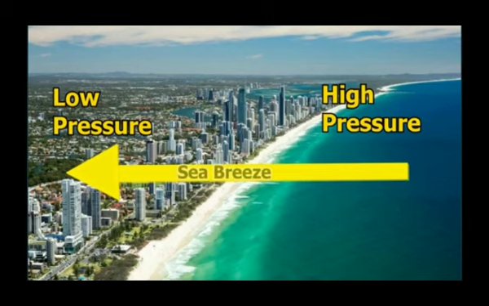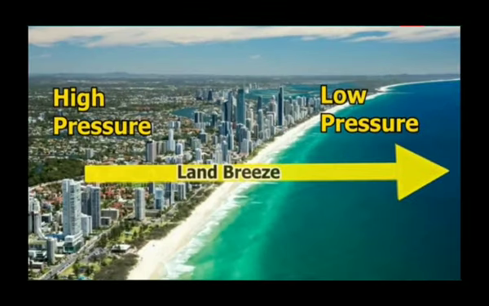So during the daytime the coastal areas will receive sea breeze, but at night time the land gets cooler than the sea, so the land temperature is low and the pressure is high, so the winds start blowing in opposite direction, that is from land towards the sea. These are known as land breeze.